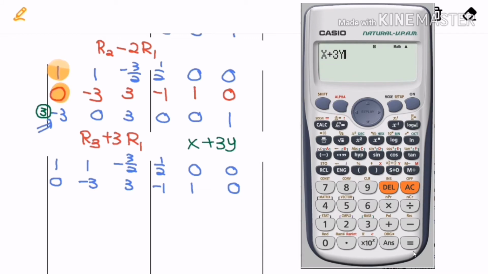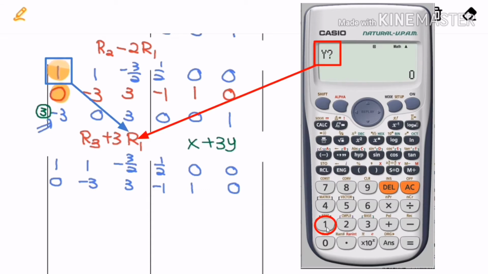Press the button Calculate. The calculator asks you, what is your x? Our x is equal to negative 3, followed by what is your R1? Your R1 is equal to 1. Press the button. They show you the answer 0.